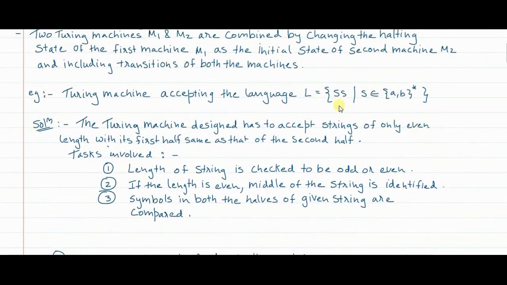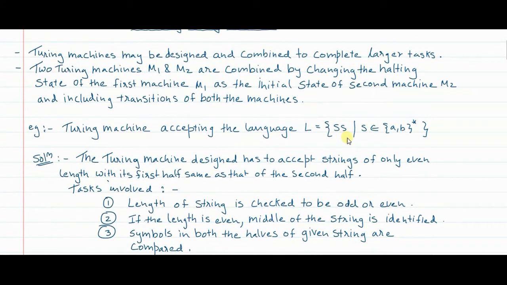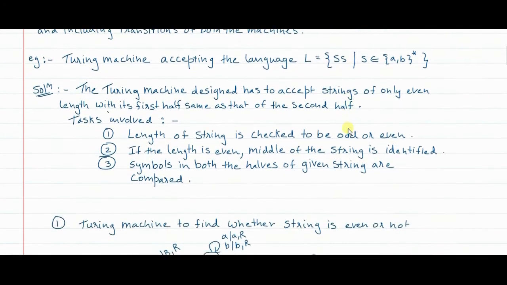Because whenever an even length string is given, how will you find out that the given big string is of type SS? You will be able to do it only when the pointer points somewhere in the middle, so that the string to the left and the string to the right can then be checked to see whether both have the same elements or not. We will see this.